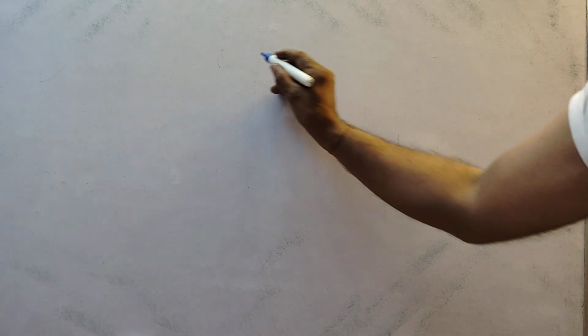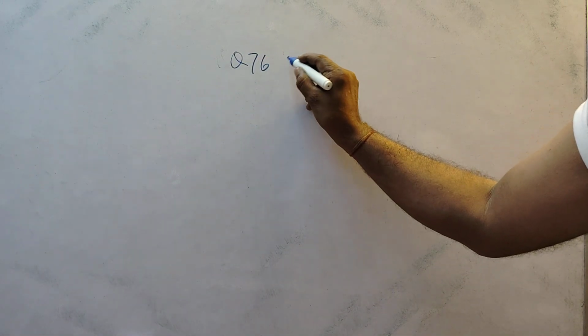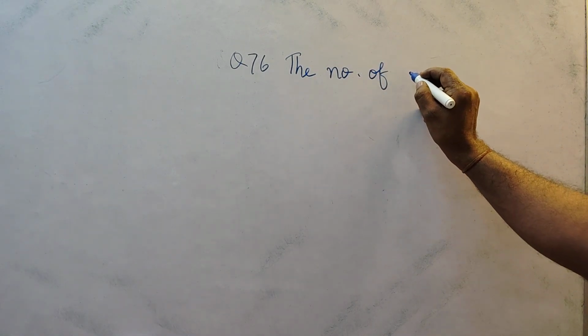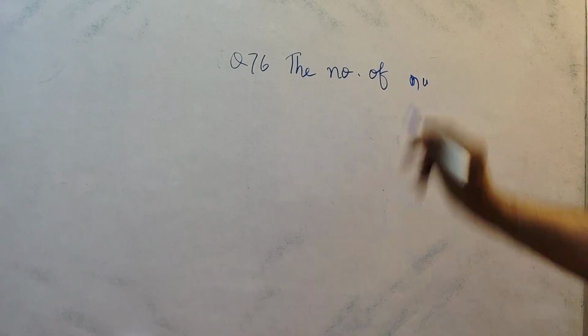Question 76. The number of multiples of a given number is finite.